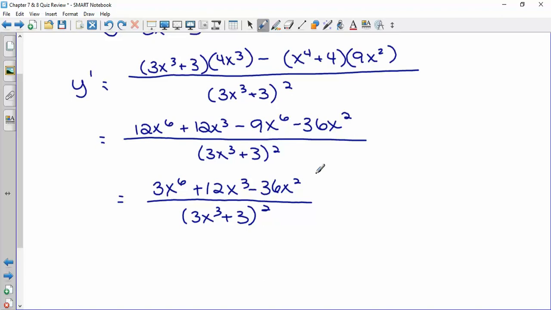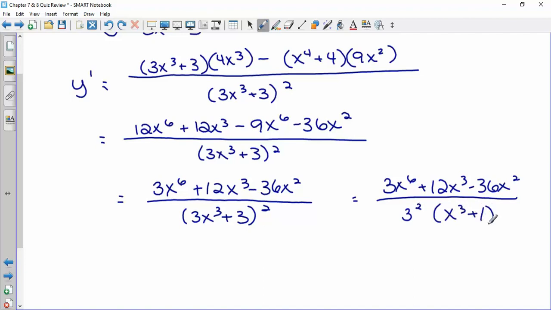So if I cancel a 3 out of everything, let me write this step to kind of explain what I'm saying. So on the bottom, since you could pull 3 out of that parenthesis because it's squared, it comes out as a 3 squared.